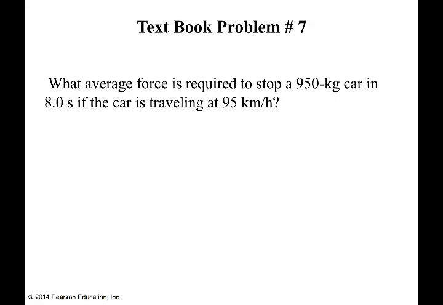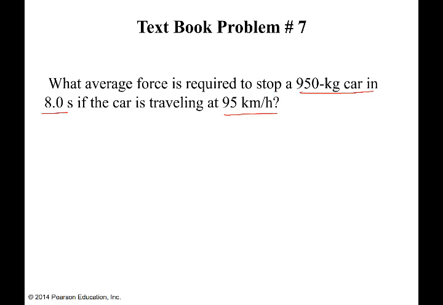And lastly, before we wind up the first part of Newton's laws, we'll work on one more problem. What average force is needed to stop a 950 kg car in 8 seconds? So we have to find out that average force if the car traveled 95 kilometers per hour.